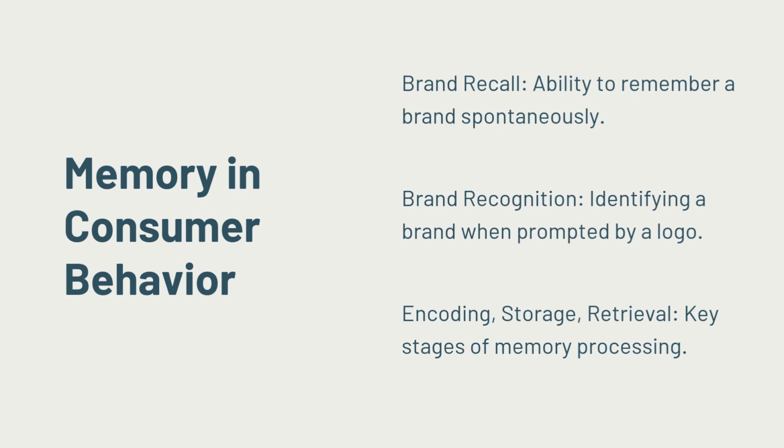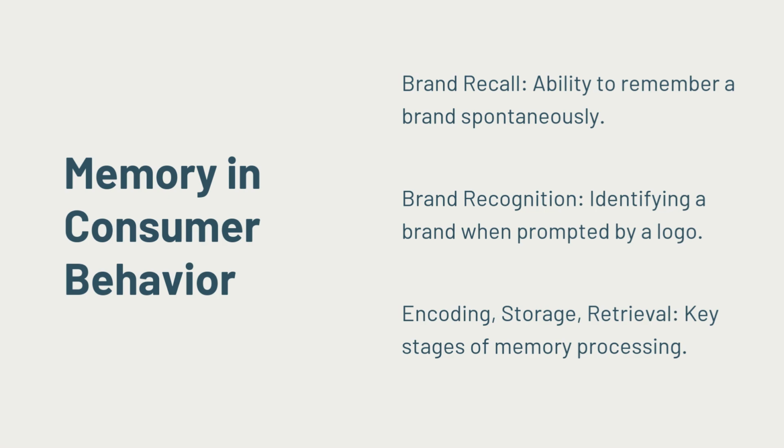Now, factors such as repetition, attention, and emotional engagement, all of these can help enhance the encoding process. Next, we have repetition, and this can be enhanced by providing consistent exposure to a brand or message to increase the likelihood that it will be encoded or truly etched into memory.